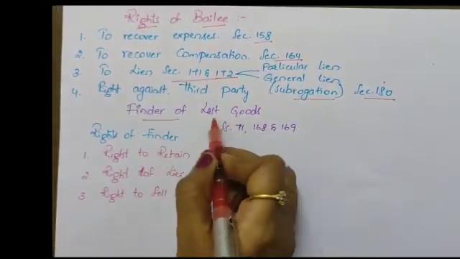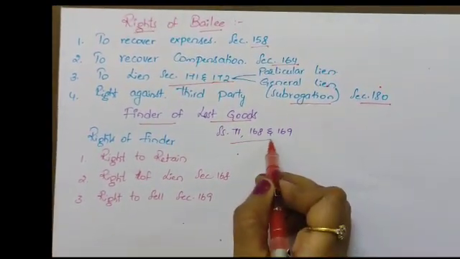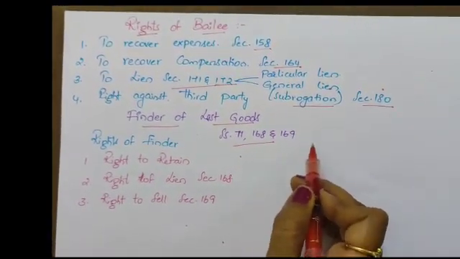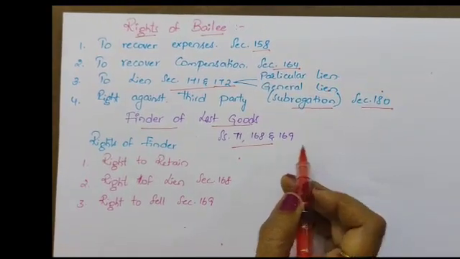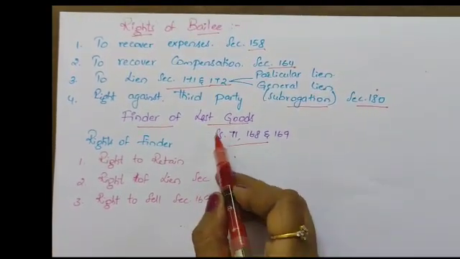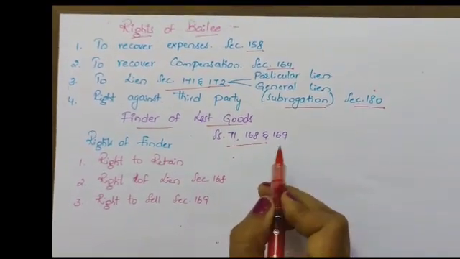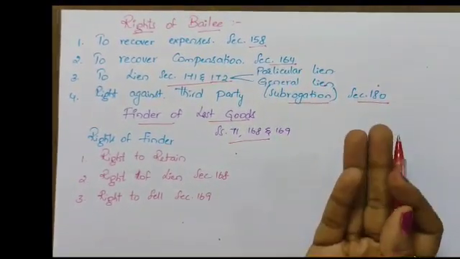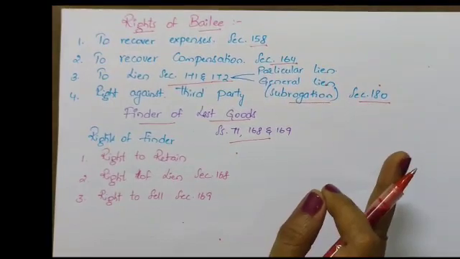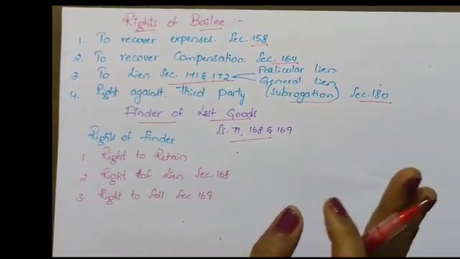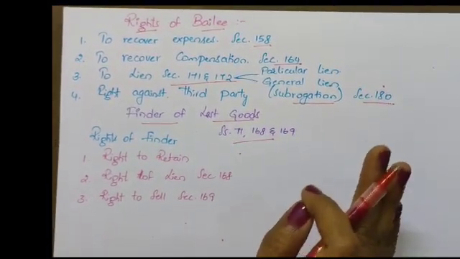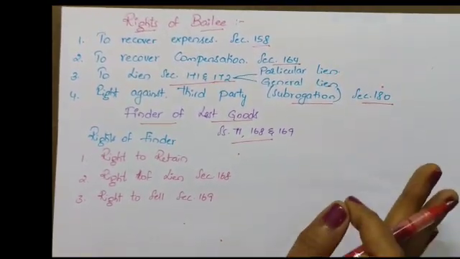Next, finder of lost goods, section 71, 168 and 169. Who is a finder of lost goods? When a person finds some goods belonging to another person, he is called finder of lost goods. He has a duty to return them to the real owner.